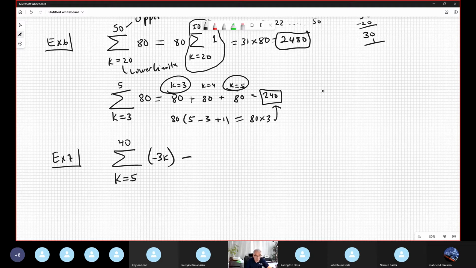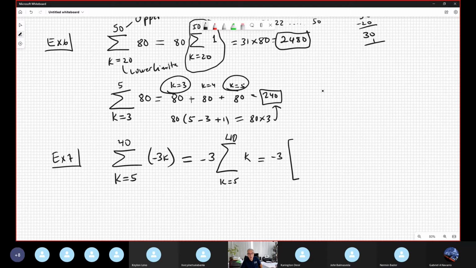Okay, first of all, number one, I factor out the minus 3. So my problem is I don't forget the minus 3; I multiply the final answer by minus 3. And it's summation from k equals 5 to 40 of k. Right? And this is equivalent to minus 3.